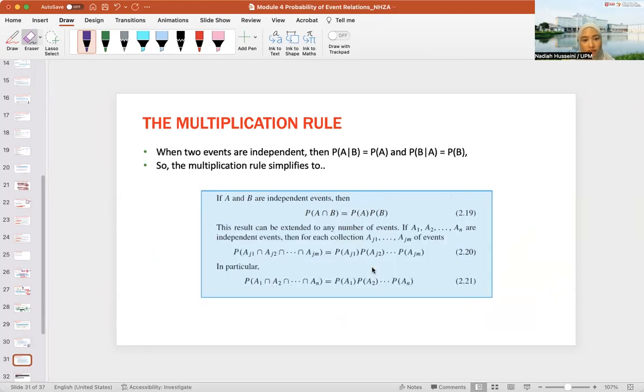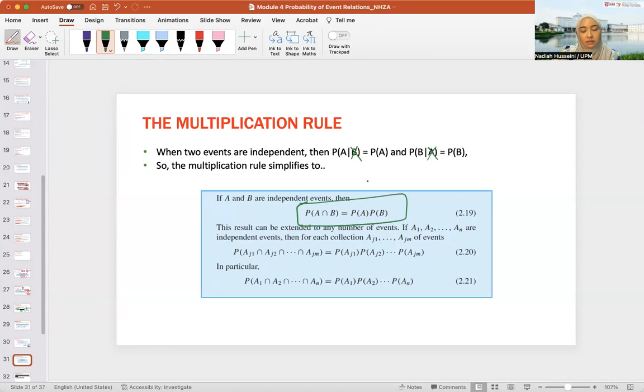Okay, so when two events are independent, this is a lot of statements or definitions that you have to remember. When two events are independent, like they are mutually exclusive, then the probability of A given B is equal to the probability of A. Remember, this is no longer limiting your sample space because it does not affect the probability of A occurring. Same case over here. So the multiplication rule simplifies to this over here.